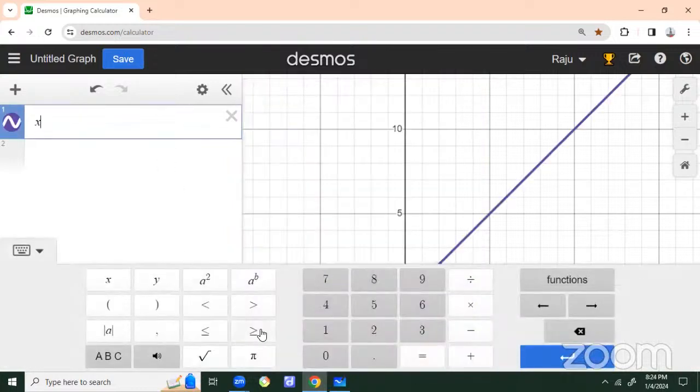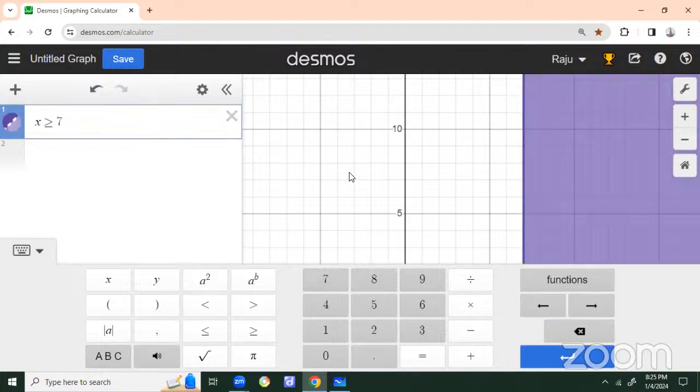Now let's talk about x greater or equals to any number. Let's say, Mr. Kal, once again. 7. Okay, 7. So, what is the boundary line here? The boundary line is x equals to 7, which is parallel to y-axis, right? And the solution region will be to the left or to the right of the boundary line?